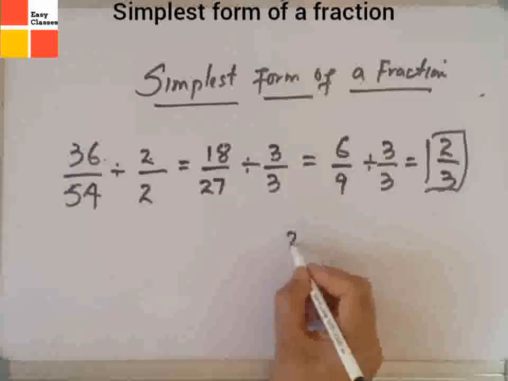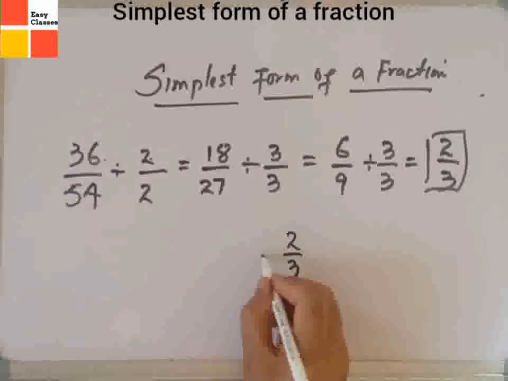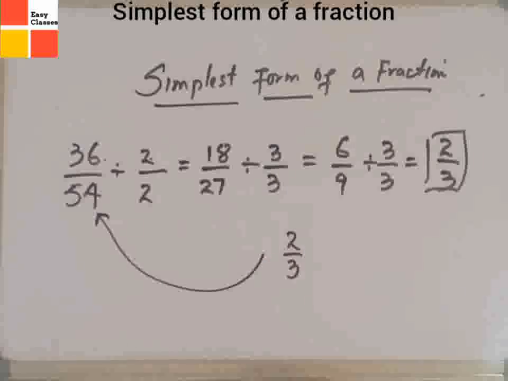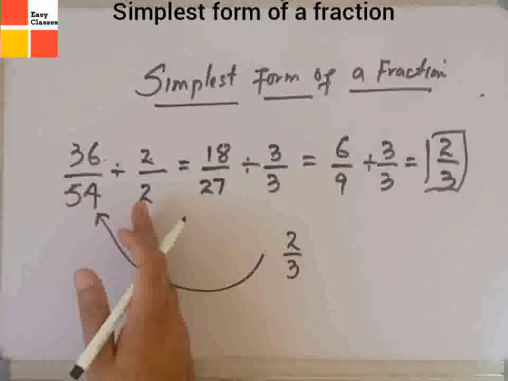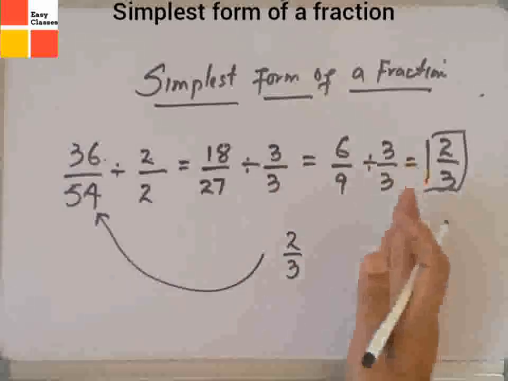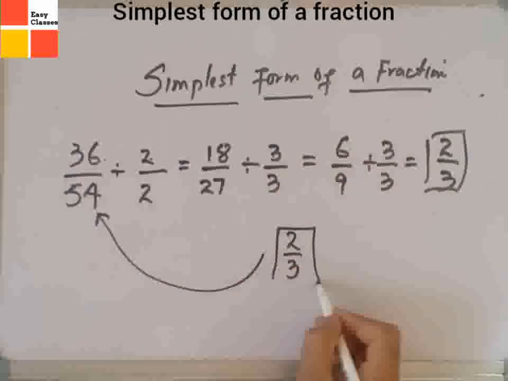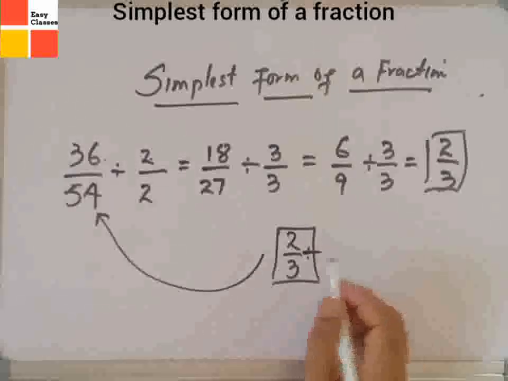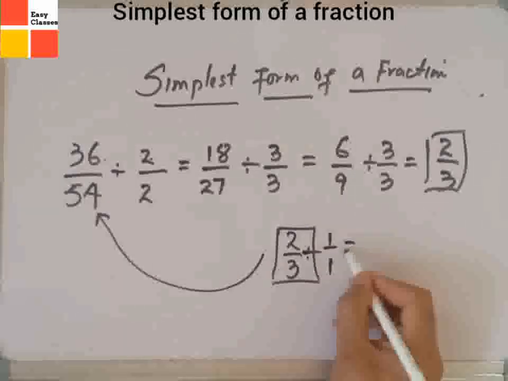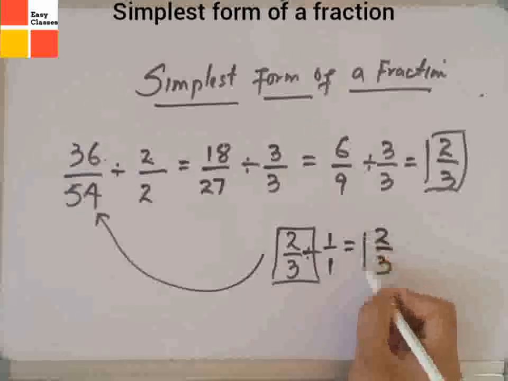So this 2 by 3, which we get from 36 by 54 by continuously dividing the numerator and denominator first by 2, then 3, then again 3. Now this cannot be divided by any number other than 1. Dividing by 1, it will again be 2 by 3. You can try it.